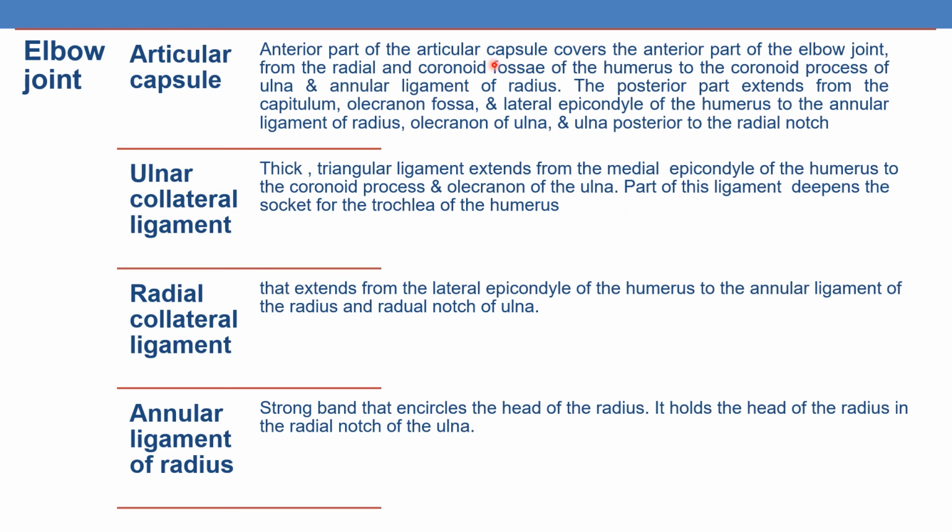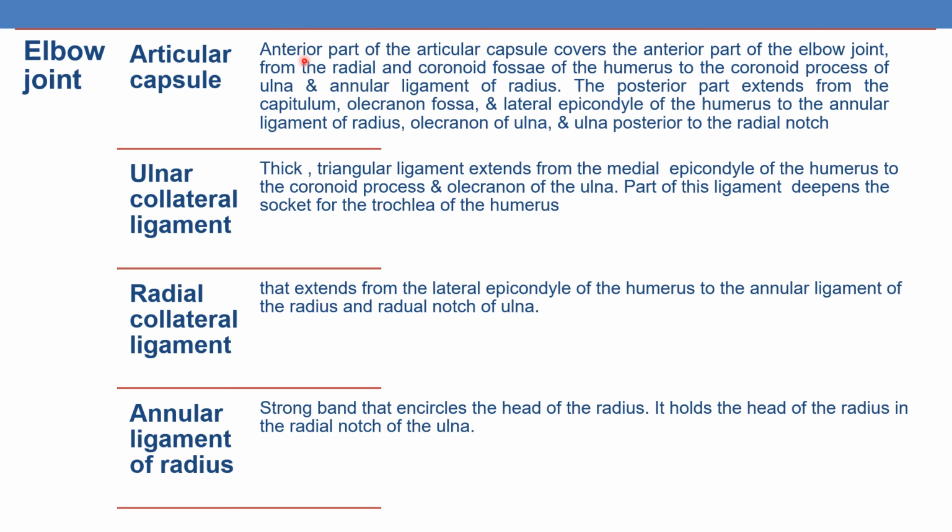The anterior part of the articular capsule covers the anterior part of the elbow joint, from the radial and coronoid fossa of the humerus to the coronoid process of ulna and annular ligament of radius. Whereas the posterior part extends from the capitulum, olecranon fossa, lateral epicondyle of humerus to the annular ligament of radius, olecranon of ulna and ulna posterior to radial notch.